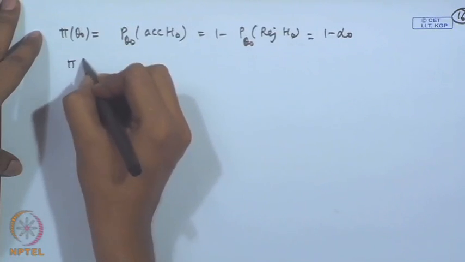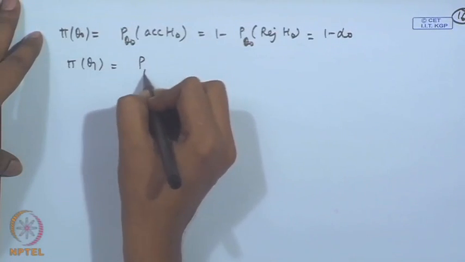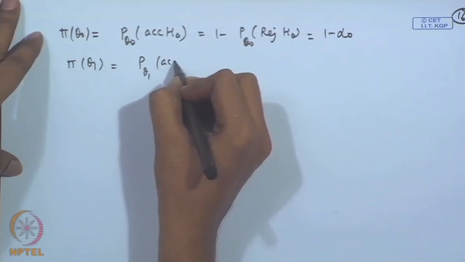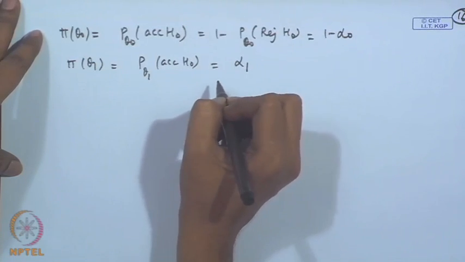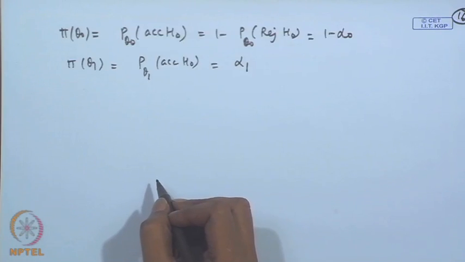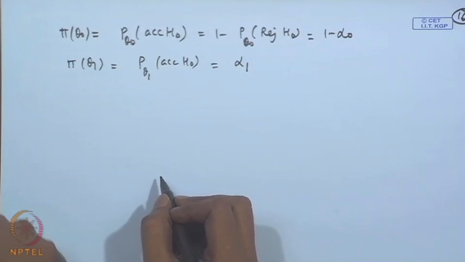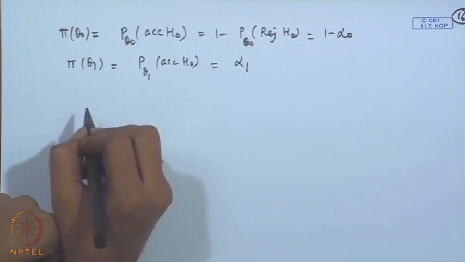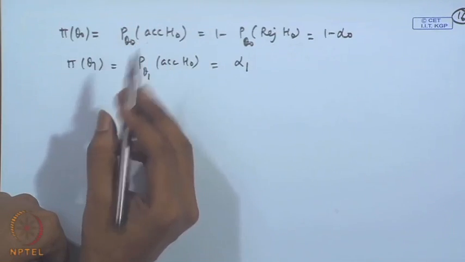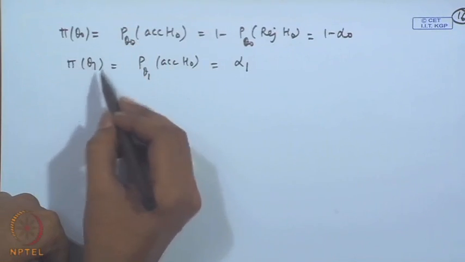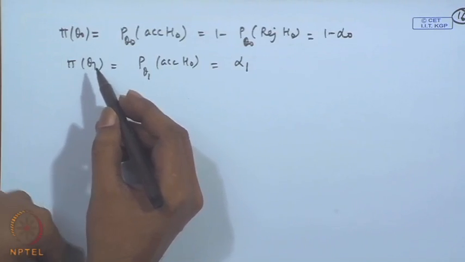If I consider pi of theta 1, that is the probability of accepting H naught when H naught is false, that is equal to alpha 1. So, using the fundamental identity of sequential analysis, one can give the general expression for pi theta.